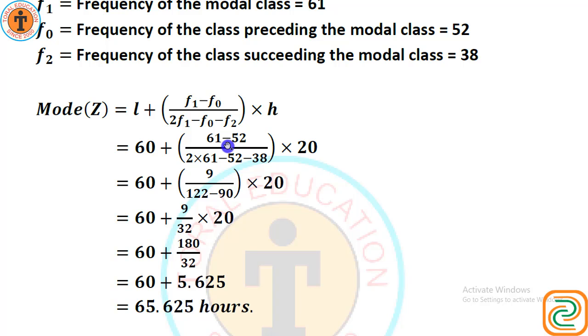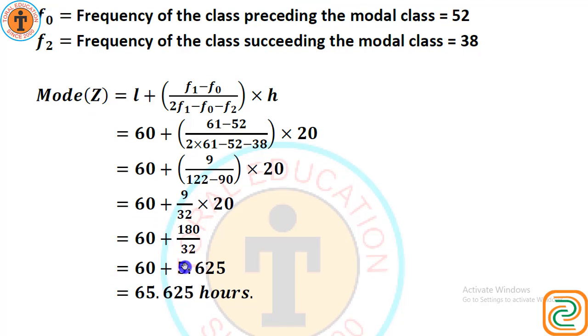60 plus 61 minus 52, that is 2 into 61 minus 52 minus 38, into 20. 61 minus 52, that is 9, upon 122 minus 90, into 20. So we have 60 plus 9 upon 32 into 20. 9 into 20, that is 180 upon 32.